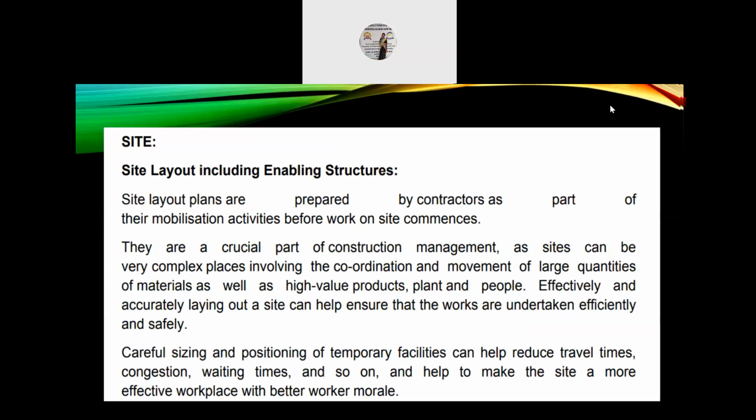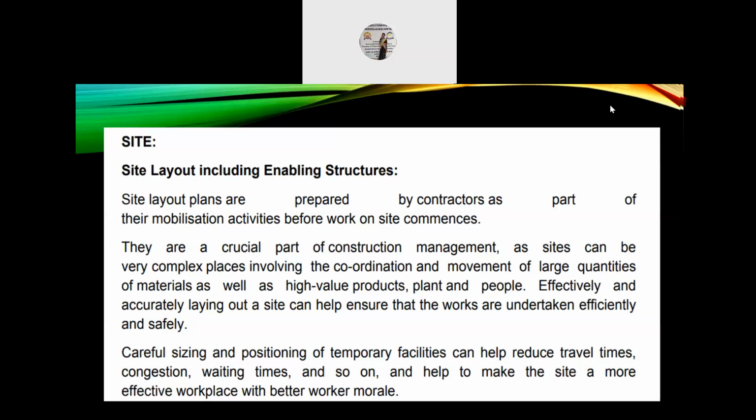Site layout plans are prepared by contractors as their mobilization activities before work on the site commences. They are a crucial part of construction management, as sites can be very complex places involving the coordination and movement of large quantities of materials as well as high value products, plant and people.